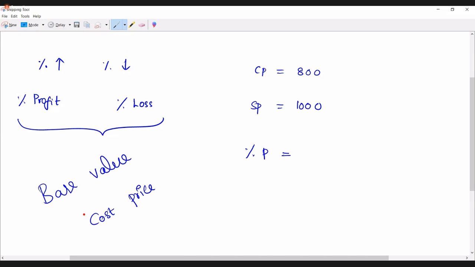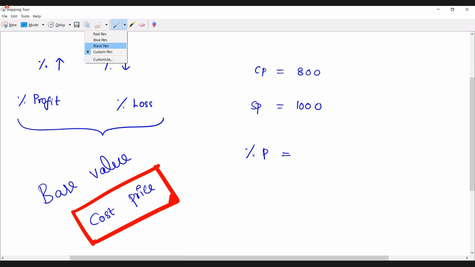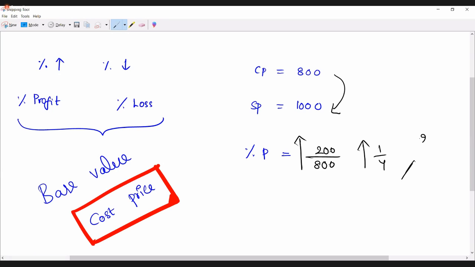Using this base value, you can solve the question. 800 becomes 1000. On top of 800, there is an increase of 200. It is giving a result as 1 by 4. You can mark the answer choice as 25%.